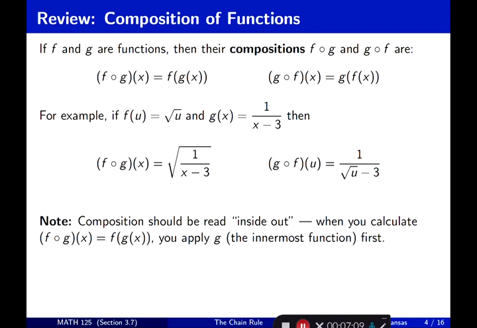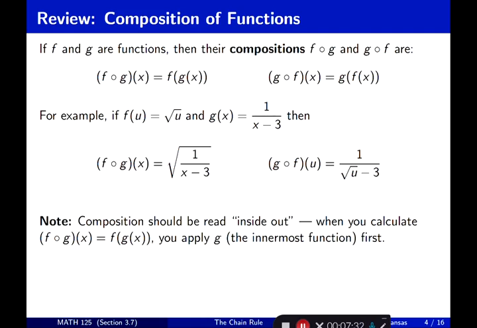So again, composition is basically that you think about what's inside and what is outside, and when you're calculating, you figure out the inside first and then plug it into the outside.